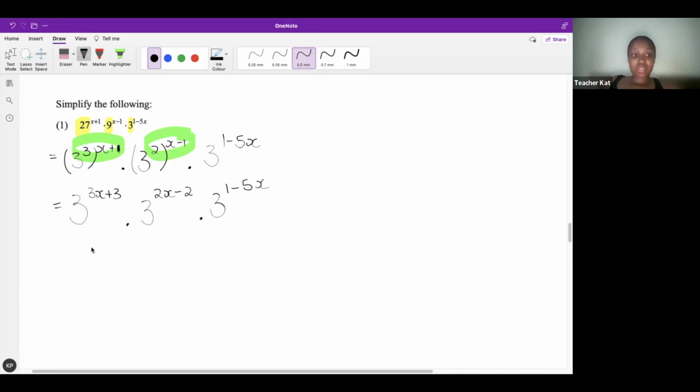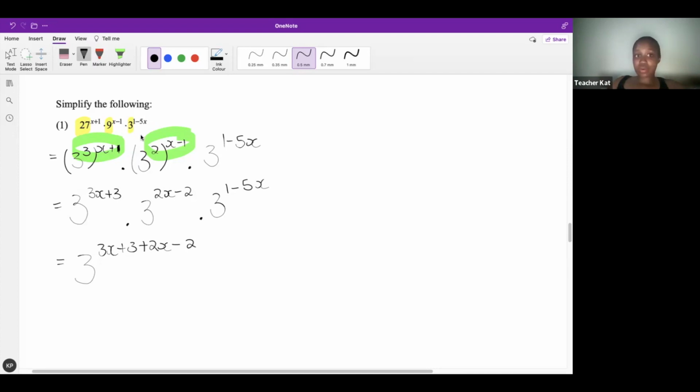Now we are multiplying. Everyone has the same base. So what do I do with my exponents? I add them. So I'm going to keep my one base. I don't need all of them. Then I'm going to have 3x plus 3 plus 2x minus 2. Because it was already to the base of 3, we didn't do anything.